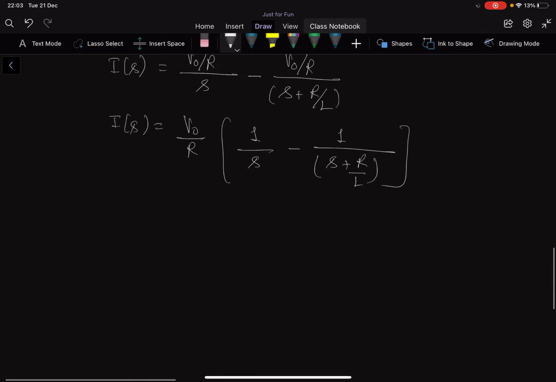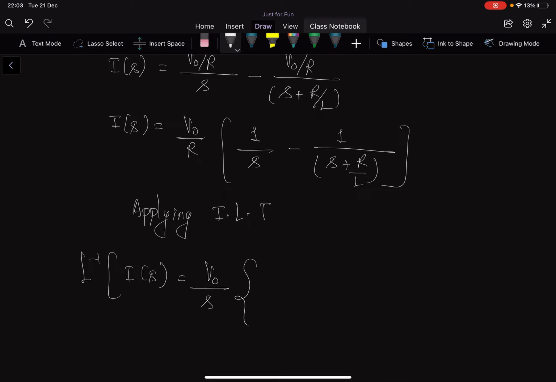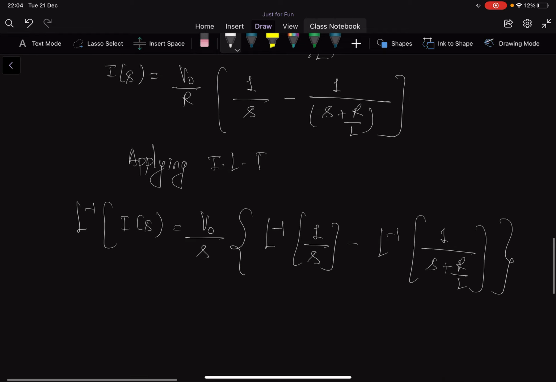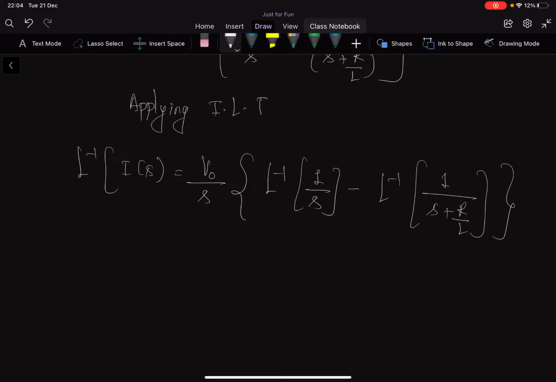Now we can apply the inverse Laplace transform. We get the inverse Laplace of I(s). This is a constant, and I'm going to take the inverse Laplace of 1 over s minus the inverse Laplace of 1 over s plus R over L. Now we know that the inverse Laplace of I(s) is simply i(t), a small letter i.